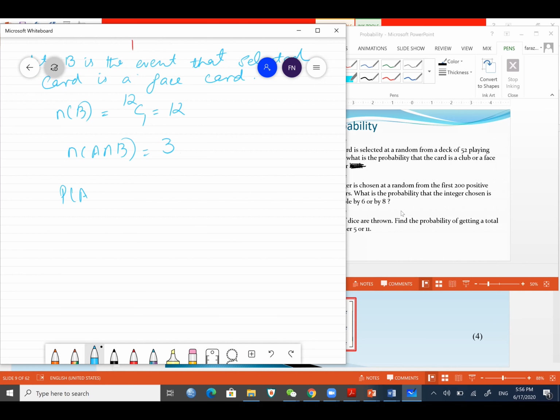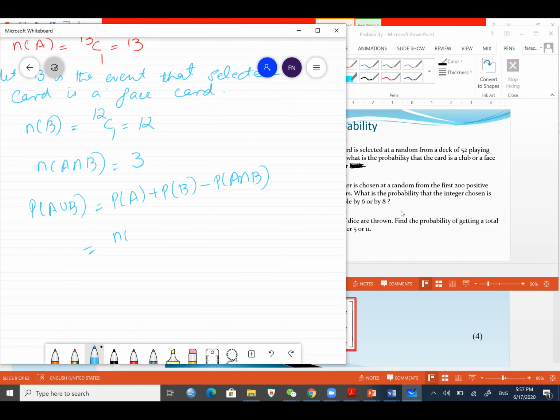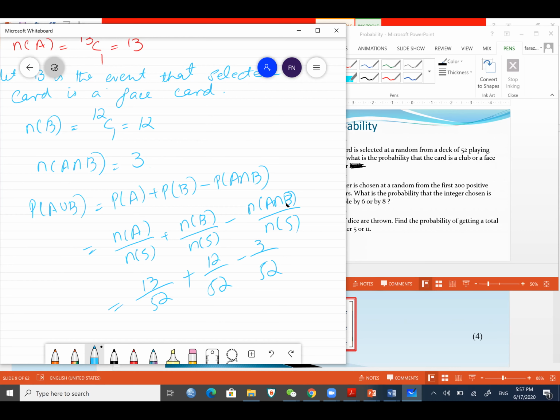So the probability of A union B is probability of A plus probability of B minus probability of A intersection B. So probability of A is n of A over n of S, plus n of B over n of S, minus n of A intersection B over n of S. So it is 13 over 52 plus 12 over 52 minus 3 over 52.